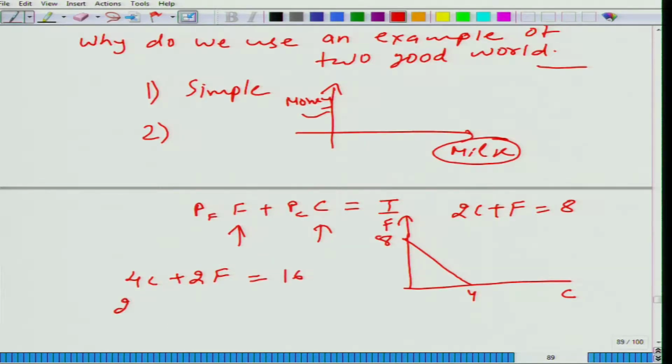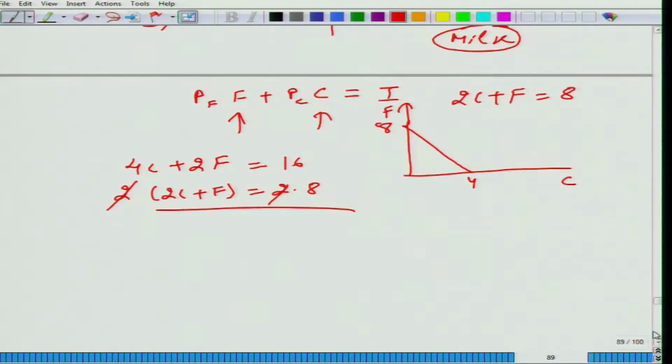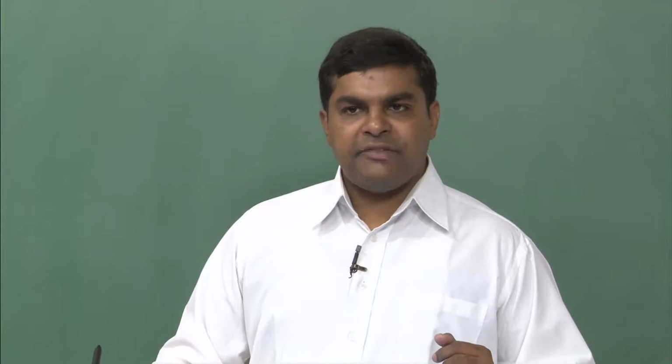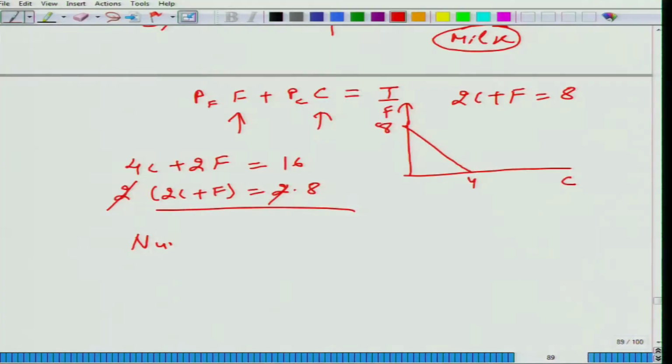We can take 2 common, 2 times (2c plus f) equals 2 multiplied by 8, and the 2s cancel. Again we come back to 2c plus f equals 8. You understand? So, in this sense, we can declare one good as a numeraire good, and express everything in the economy in terms of that good. The term is numeraire.